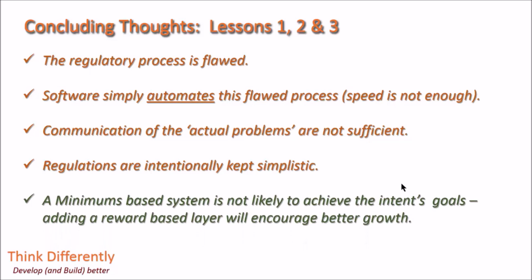And the minimums-based system that the world grows on does not reward better development. And you should get what it says, which is minimal development. So this is the first of these 12 lessons and why LandMentor is going to change your career and it will change your life.